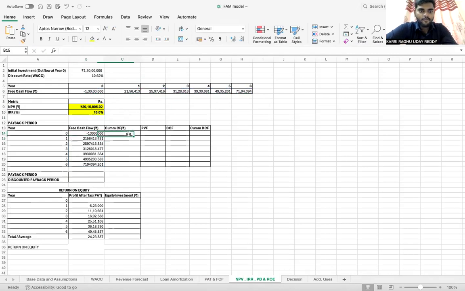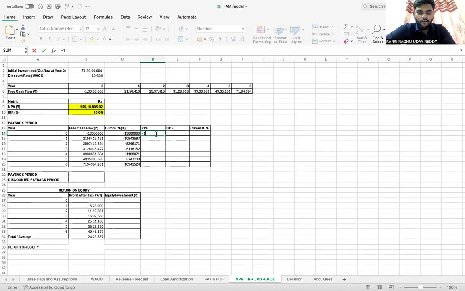So these are the free cash flow values, and we all know how to do the cumulative cash flows. This value plus this. So we are getting values here like this, and the present value factor will be the formula 1 by 1 plus R, where R is 10.62. Let me fix this value because it will not change for every year.